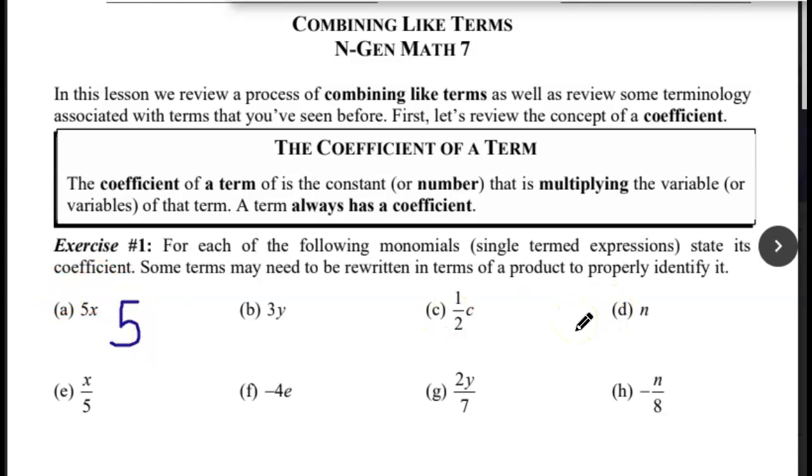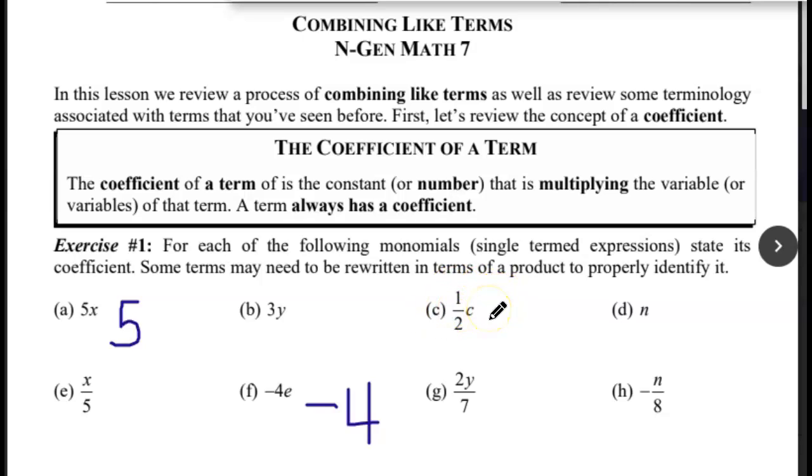How about for letter F? Fiona? Negative 4c. What's the coefficient for letter F? Negative 4. Correct. Next, what's the coefficient of letter C? Anderson?